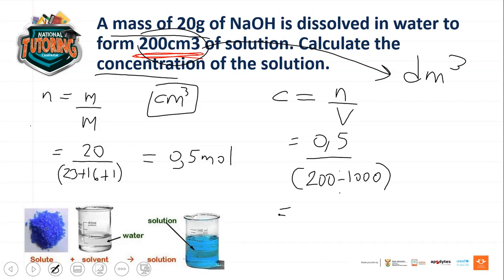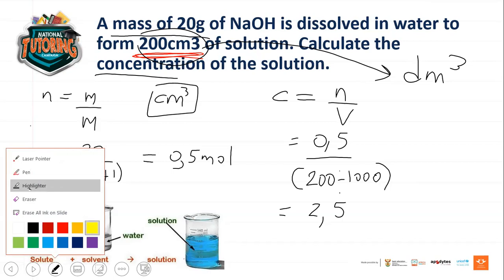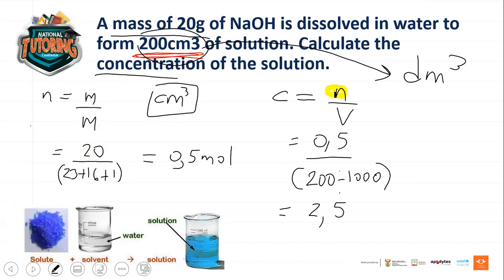And we get 2.5. So what are the units for concentration? Well, if you look at how we work out concentration, it's number of moles divided by volume. Number of moles is in moles and volume is in decimeters cubed.